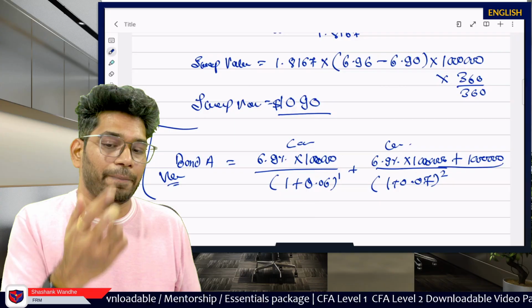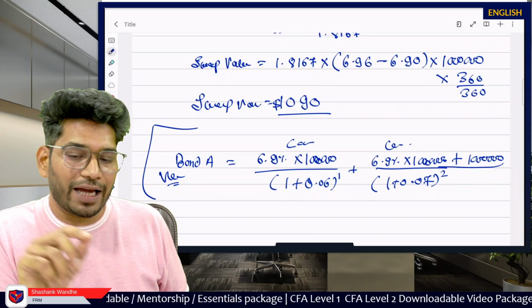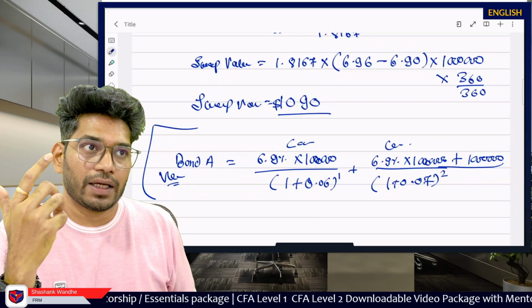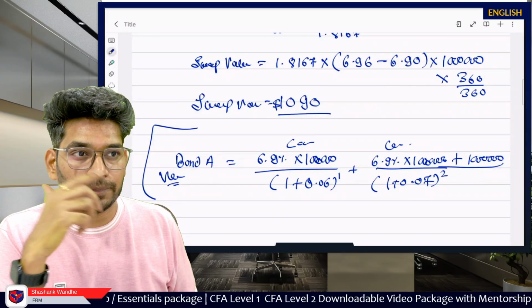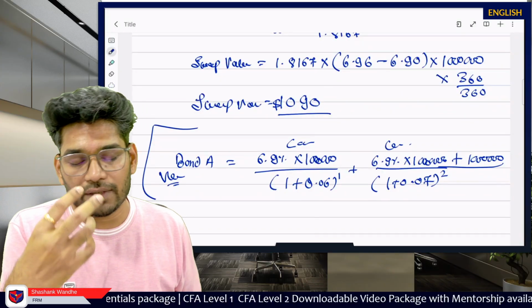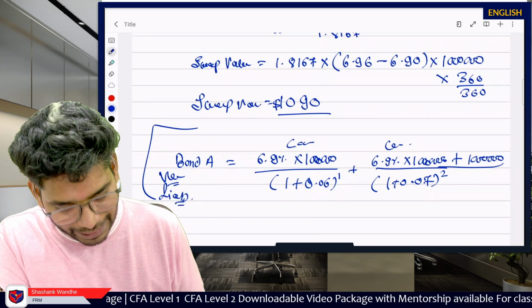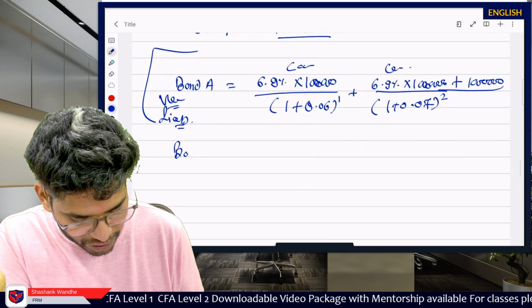Remember, you are the fixed rate payer. So this bond value where you are taking the fixed rate is the liability side, the borrowing side, because you are the payer. And then you will have the bond asset side, which is the floating rate.